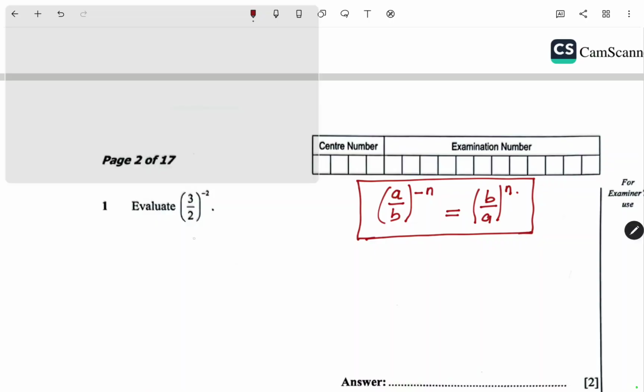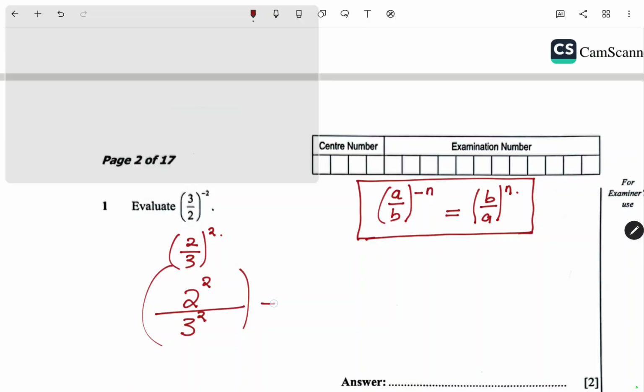So since we have 3 over 2, this can also be expressed as 2 over 3 to the power positive 2. Now, let us distribute these 2. This can also be 2 to the power 2 over 3 to the power 2.